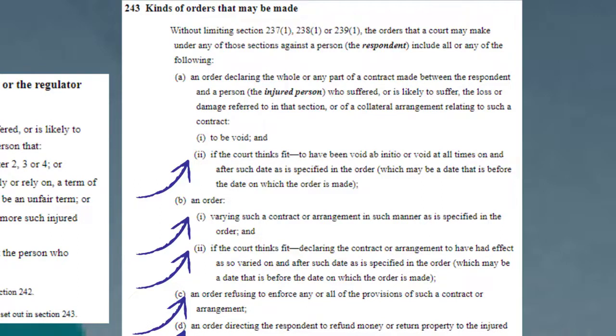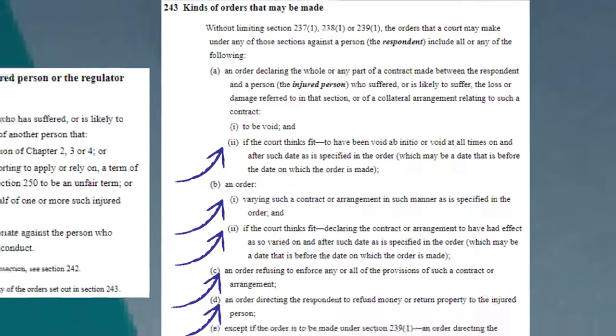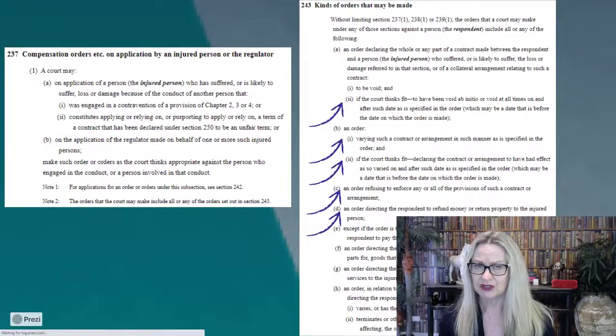Look at subpara B, an order varying a contract in such ways as the court needs to do so, or declaring the contract or arrangement to have had effect as so varied on and after a particular date. This is really quite incredible stuff. An order refusing to enforce the arrangement. Sub D, an order directing the respondent to refund the money, return property. All sorts of things. I'll leave you to explore the rest of this provision at your leisure. But I think you get my point.